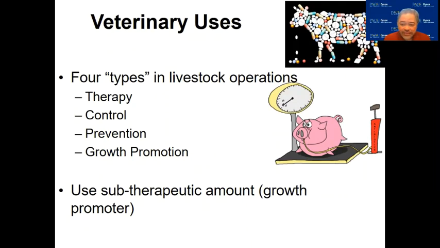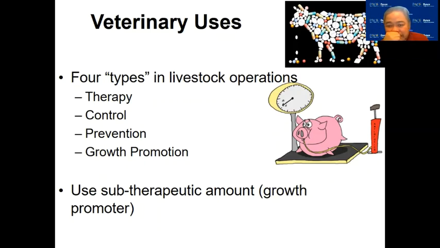Then the use that is most common, at least here in the United States, is growth promotion. Antibiotics are administered over a period of time, usually as a feed additive to growing animals. The way they use it as a growth promoter, they only use a subtherapeutic amount.